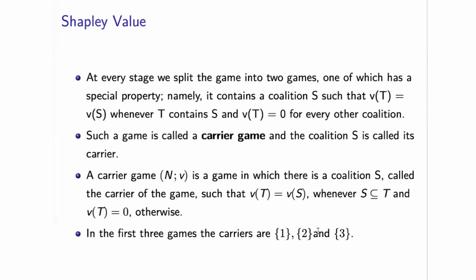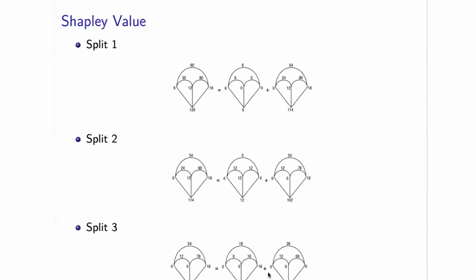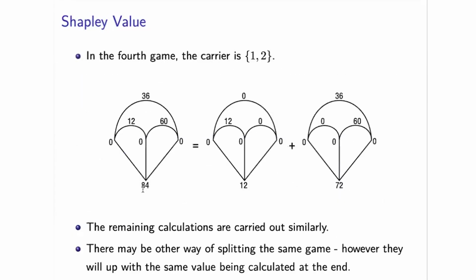Okay, now that we have this game 36, 0, 12, 0, 60, 0, 84, the next question is how do you get the next split, right? And here too the answer is simple. Instead of looking at single player coalitions, think about cases where the carrier has 2 players in the coalition, right? So the first example would be 1, 2.